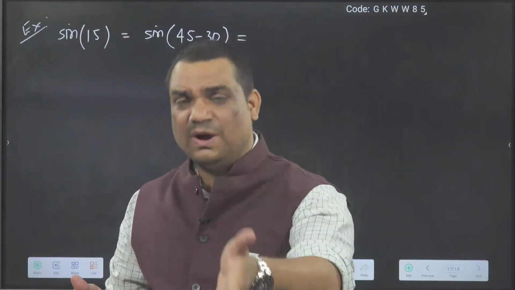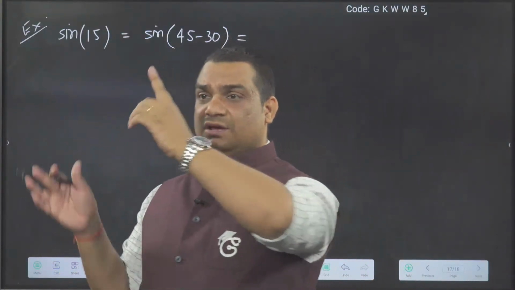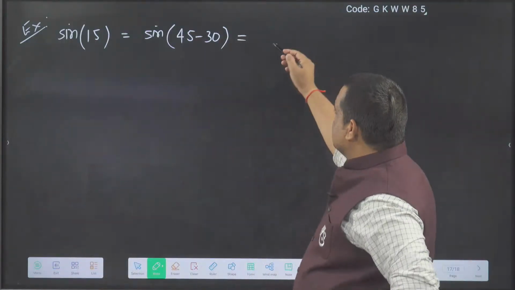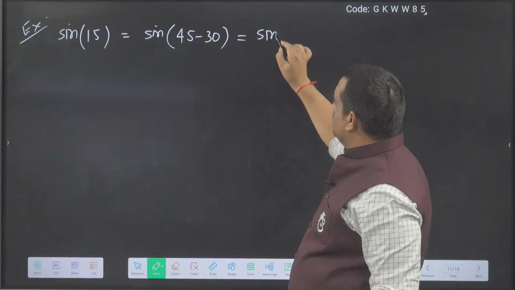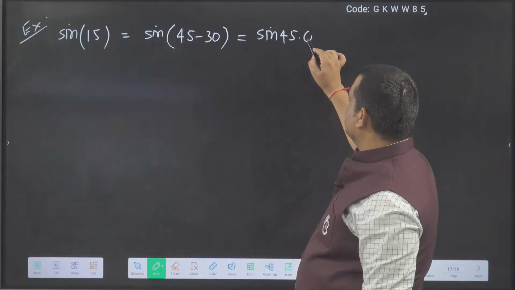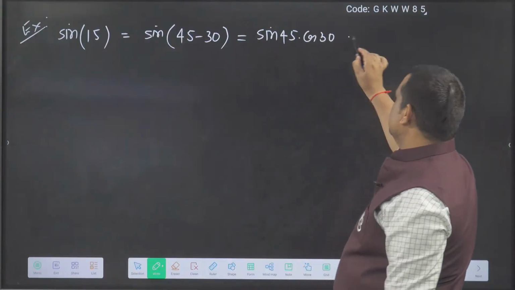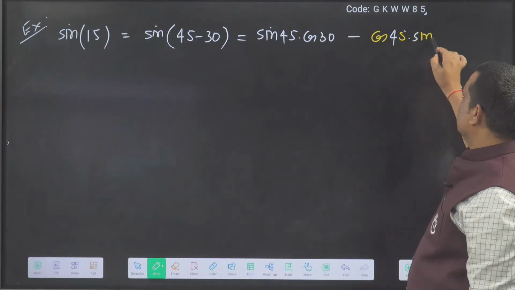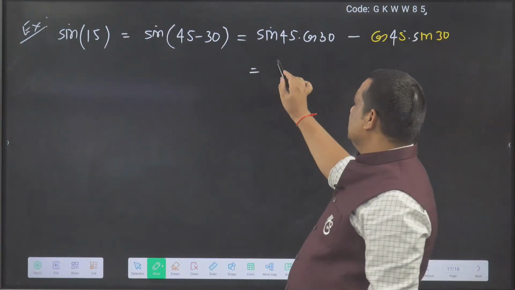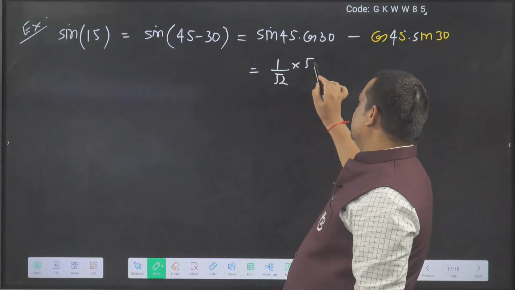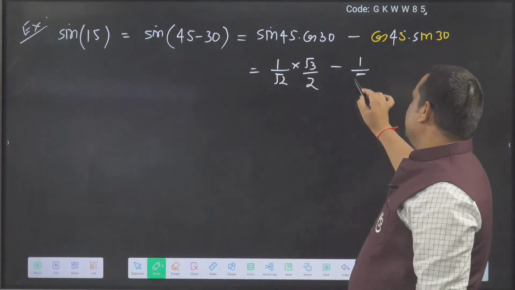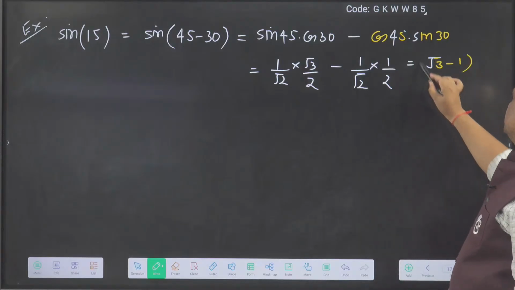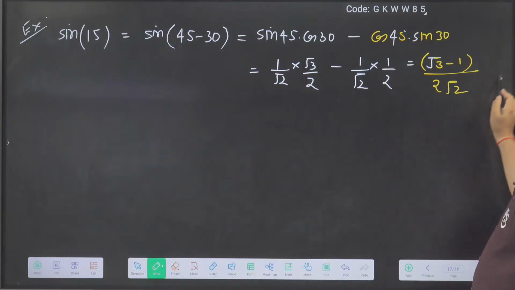If required anywhere in the examination, we can always solve it this way. Sine A cos B minus cos A sine B: sine 45 into cos 30 minus cos 45 into sine 30. You just put the data here: 1 by root 2 into root 3 by 2 minus 1 by root 2 into 1 by 2. It becomes root 3 minus 1 by 2 root 2.